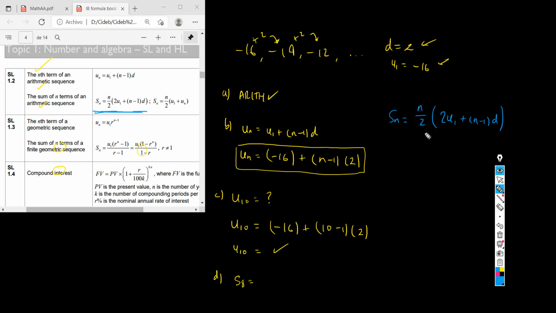And why do I say that I can use it? Because I have everything, right? I have n, which is 8. I have the first term, which is this one. I have the difference, which is 2. And it's just all a matter of substitution.